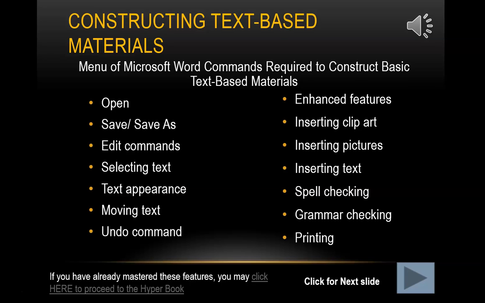Otherwise, we're going to take a look at all of these commands in order, just to make sure that you're comfortable with how to do some of the basic features of Microsoft Word. So let's go ahead and get started, and we'll take a look at how to open and save documents.